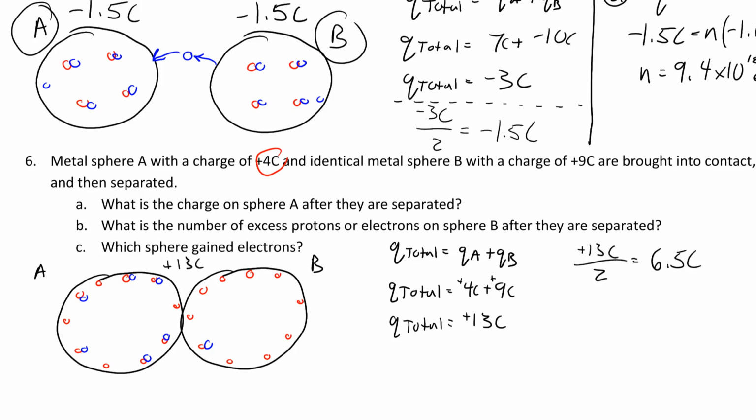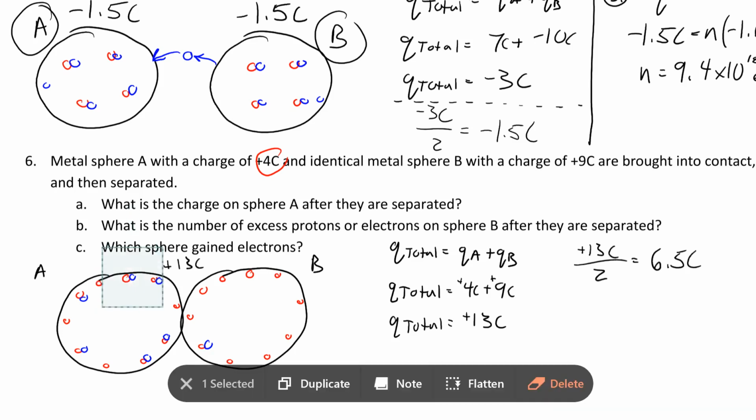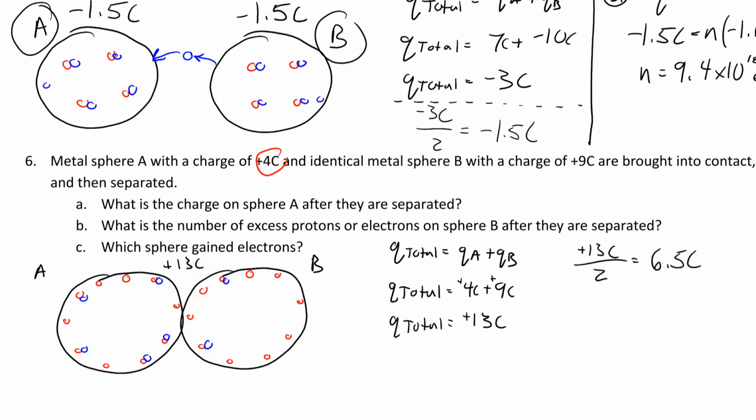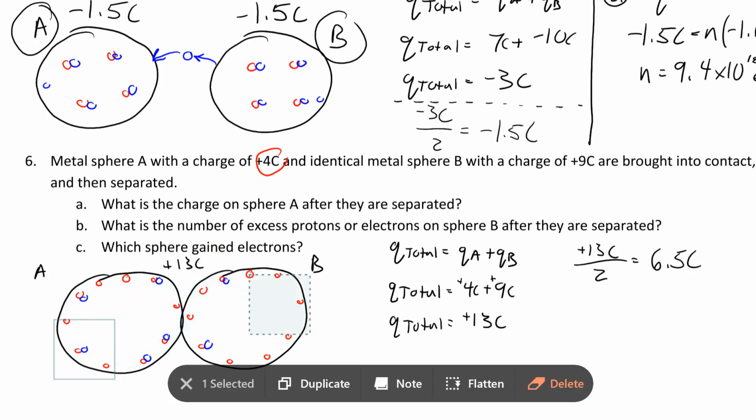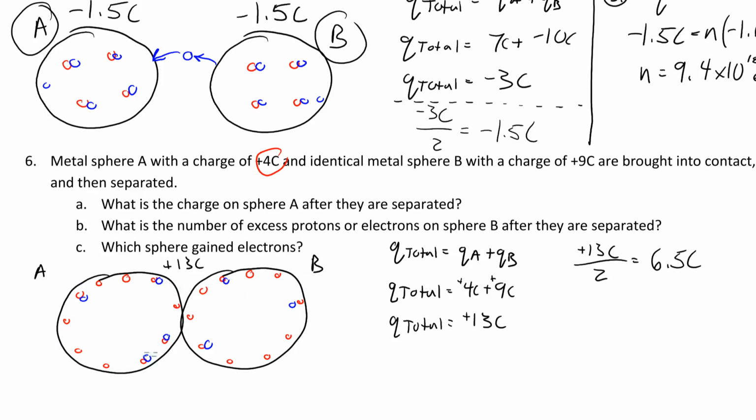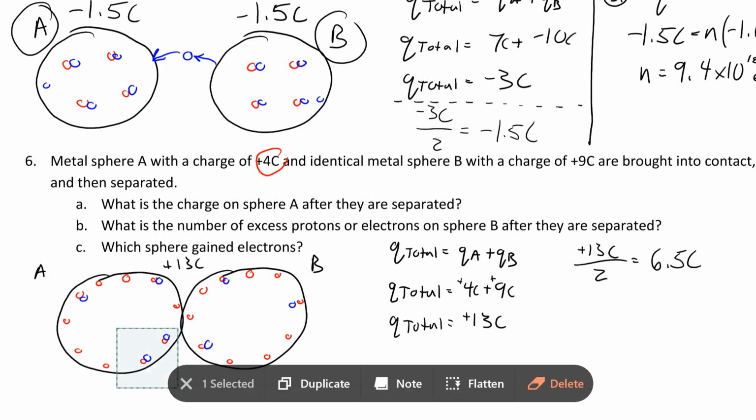So we want to move enough electrons. It's not really going to work because I'm going to have to split up an electron in my diagram here. And we all know you can't split up an electron, right? But remember, each electron represents a whole coulomb of charge. So we want to at least try to move over as many as we can without having to split up the thing.